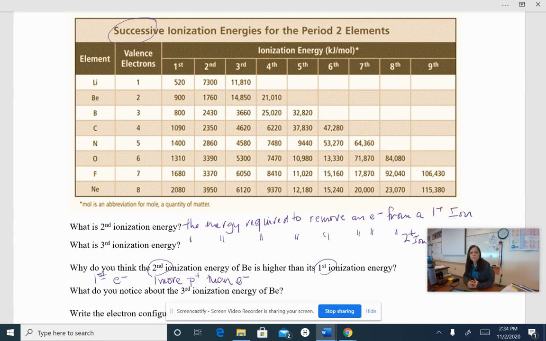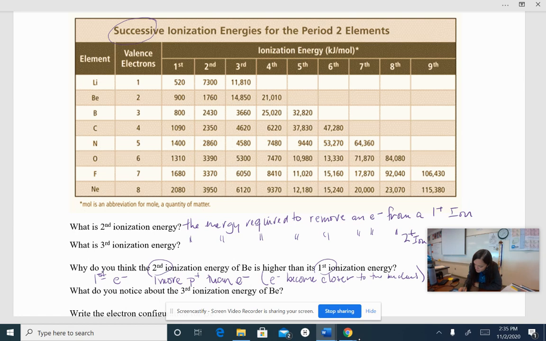Doesn't it mean that the protons in the nucleus are going to pull those electrons in even tighter? So those electrons are going to be even closer to the nucleus. So it makes it more difficult every electron we pull off, because those remaining electrons get pulled in even closer to the nucleus. Now let's look at beryllium.